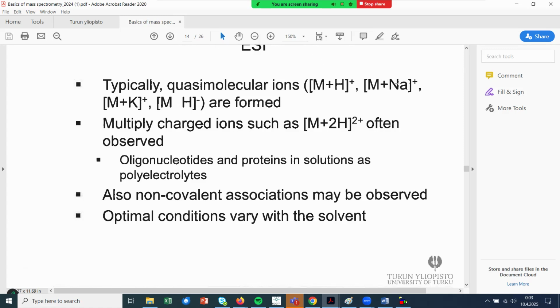And why do we see these? It's actually that in glassware, in laboratory ware, in all the stuff there's naturally present sodium and sometimes potassium, and they just end up reacting with the molecules.